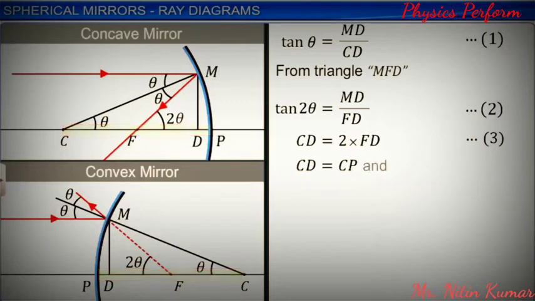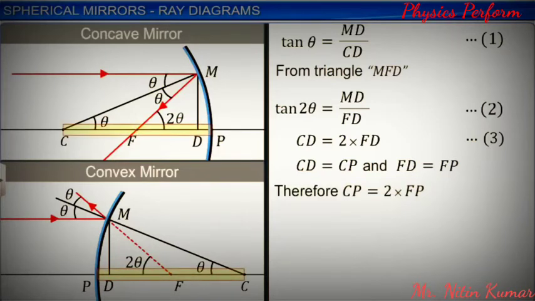This equation can also be written as PC is equal to 2 into PF. But PC is the radius of curvature R and PF is the focal length f. Therefore, R is equal to 2f.